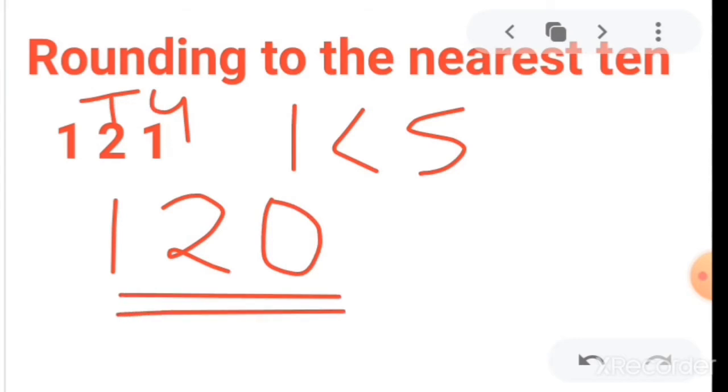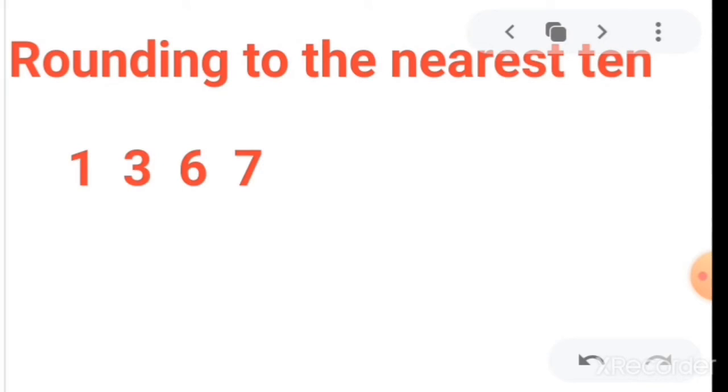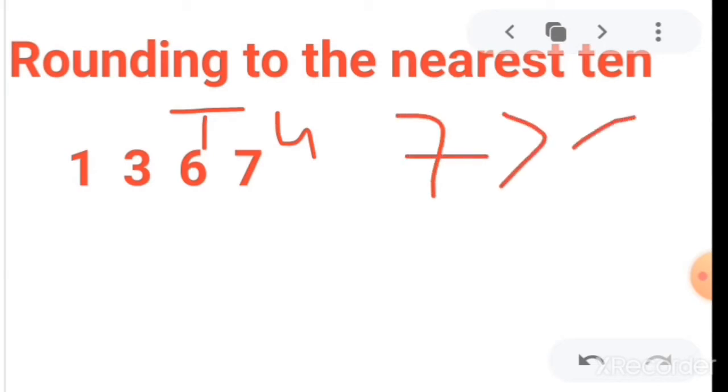Let's see another example. We want to round 1367 to the nearest 10. Still using the place value, the number at the extreme right is a unit, followed by the 10. The number at the right, which is the unit and which is 7, 7 is greater than 5.